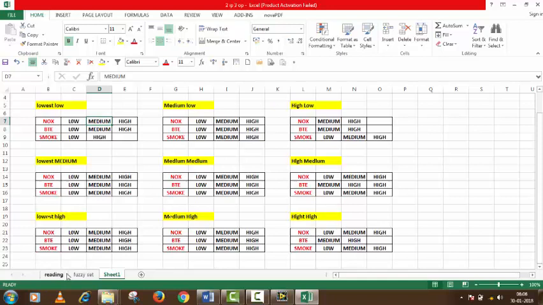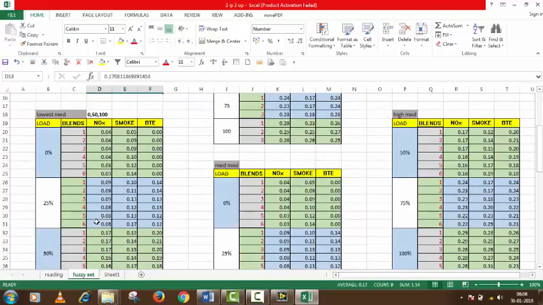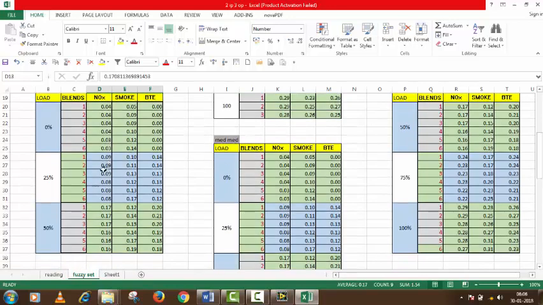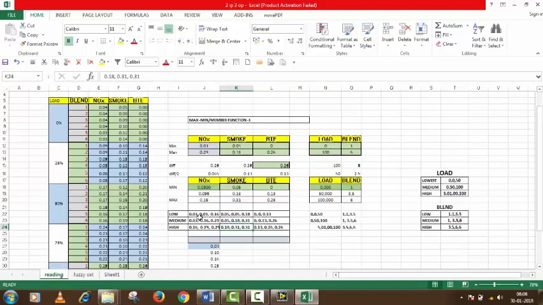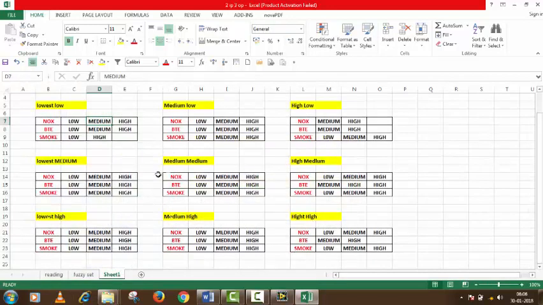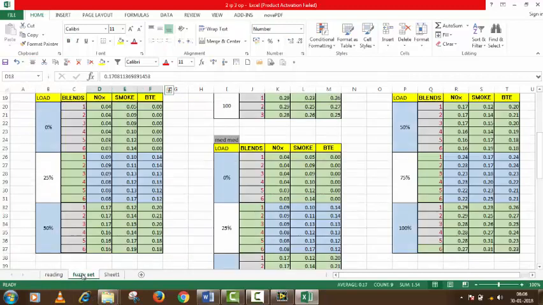Coming to the next, lowest medium. What happens? 0.04 to 0.17. You can check it. 0.04 is here, 0.17 is here. So low, medium, high will be there. Coming to the next, breakdown efficiency: 0.13, 0.14, 0.20 is the maximal.